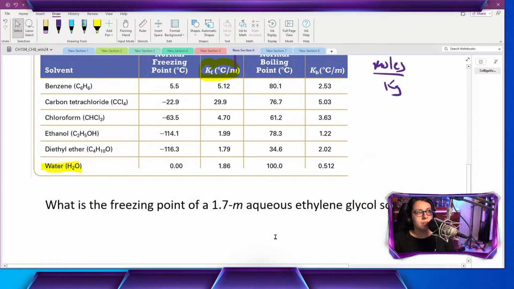And this one could be a little tricky, but just read this closely. So it says, what is the freezing point of a 1.7 molal aqueous ethylene glycol solution?